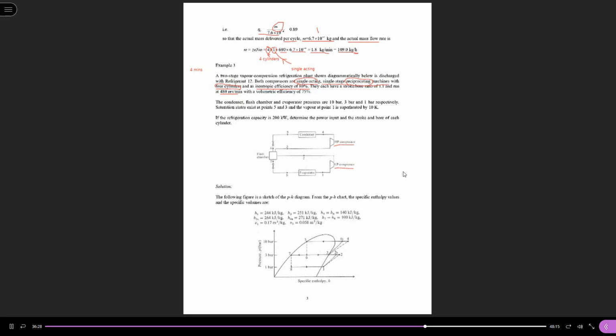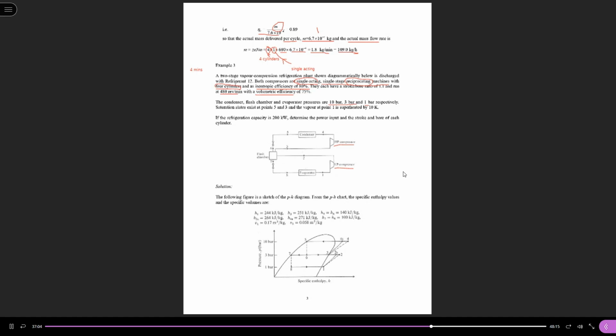The speed is 480 revolutions per minute, and we also know the volumetric efficiency. Similarly, there are 3 pressures: the high pressure is 10 bar, the flash chamber is 3 bar, and the evaporator is 1 bar.